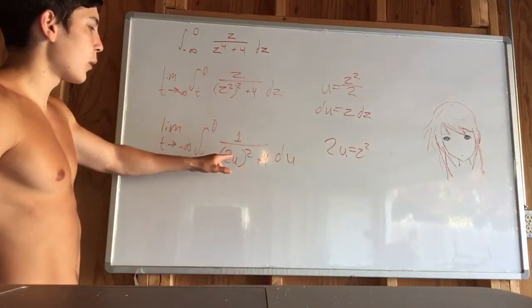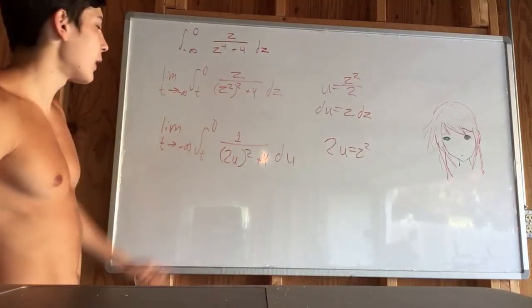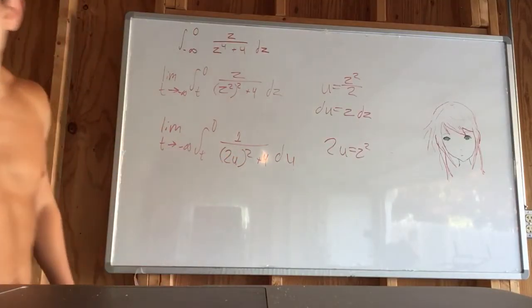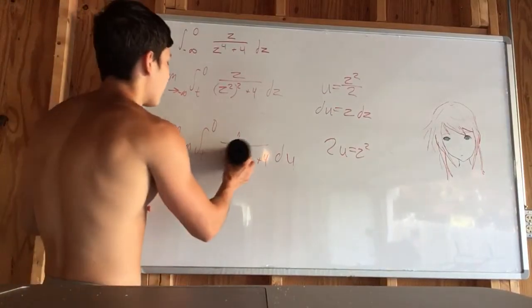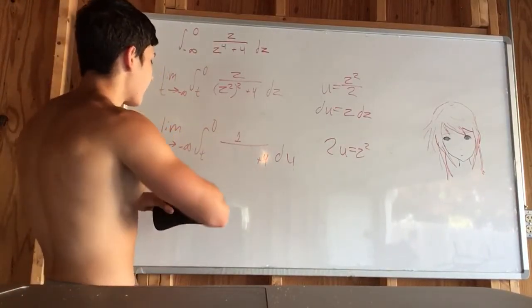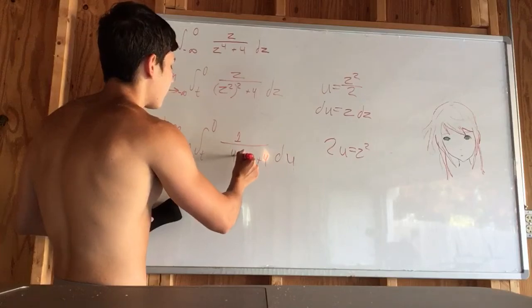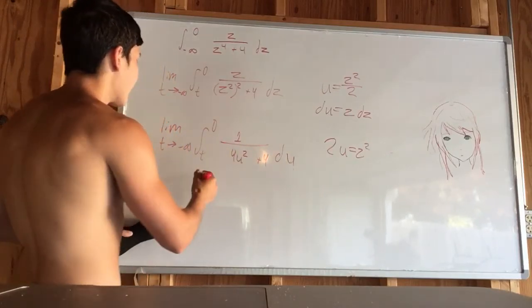So now we had exactly what we wanted. Now we have 4u squared, and that allows us to use arctangent. 4u squared. Bring out the 1/4.